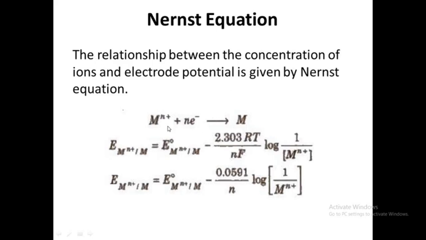So let us consider a reduction reaction. In the reduction reaction, the metal is M and the charge on the metal is n positive.